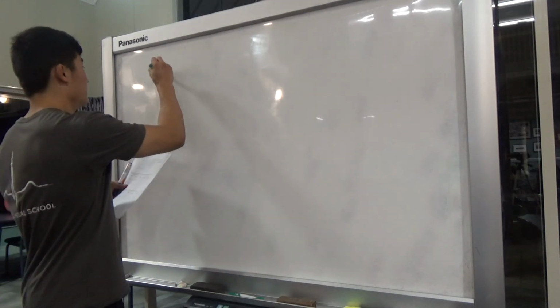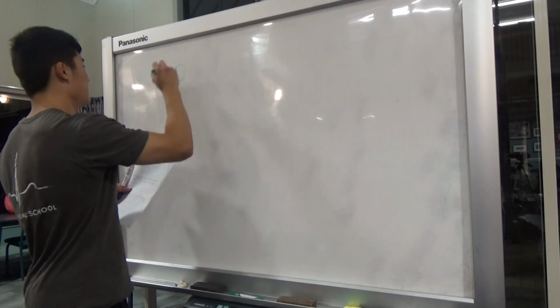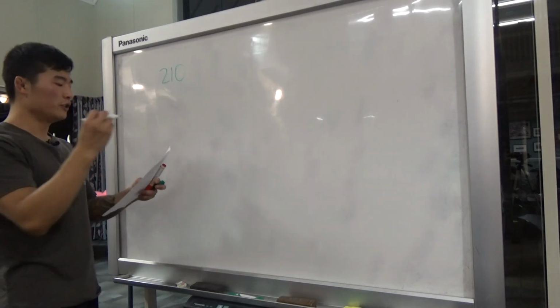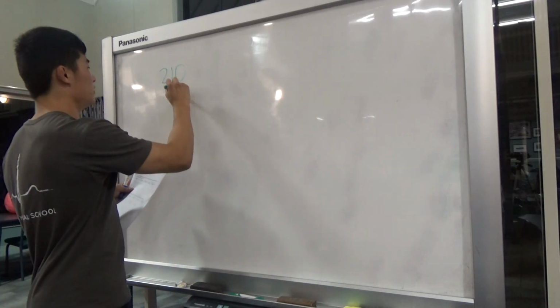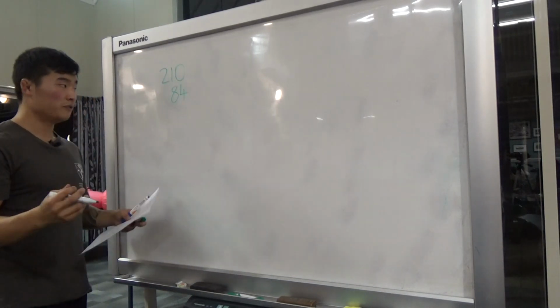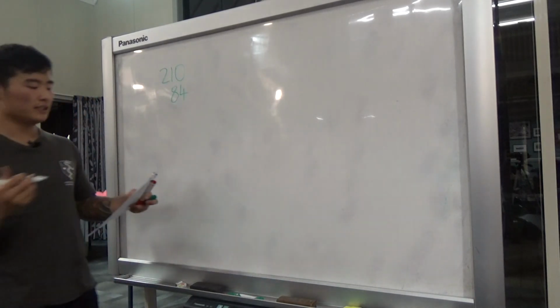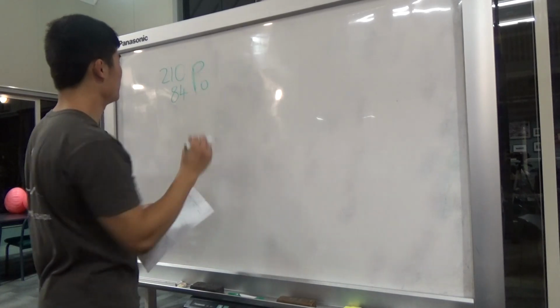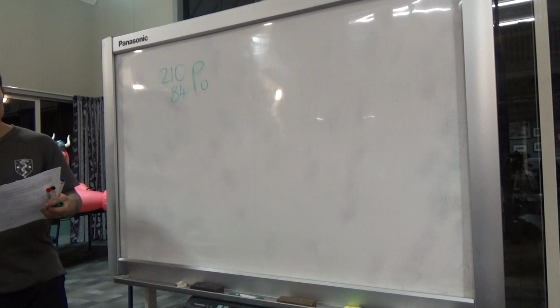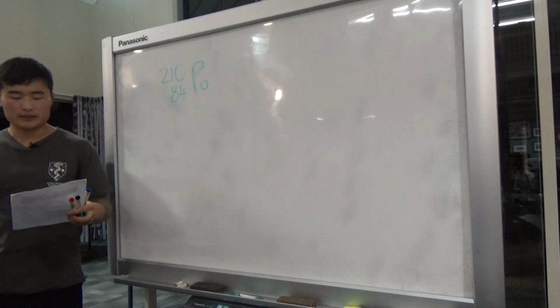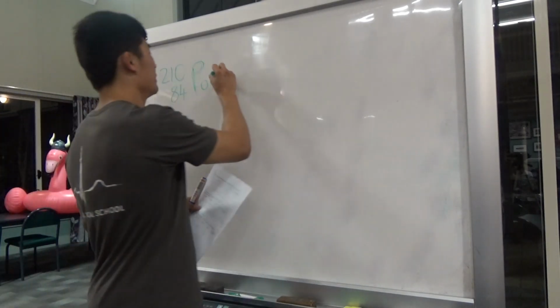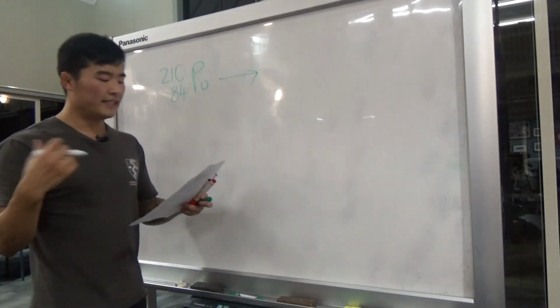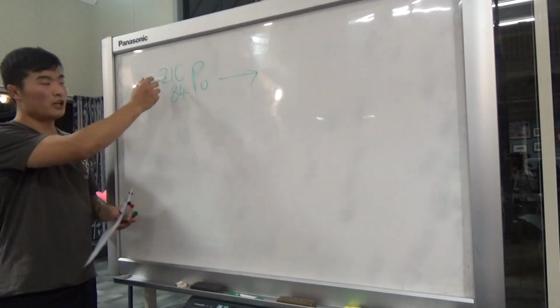Okay, so here's our mass number, 210, which is the number of nucleons, and 84, which is our number of protons, our atomic number. So Po. Okay. Now it's going to decay by alpha particle emission. So what's the decay product? So what will the top number be?